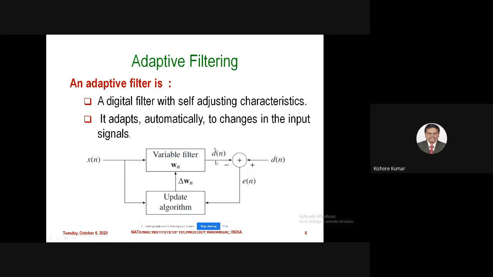If you subtract these two, we get an error. Our goal is that this error should be minimum, ideally 0. If this error is not 0, then it is fed to the update algorithm. In the update algorithm, we have different types of algorithms: least mean square algorithm, recursive least square algorithm, Kalman filter.